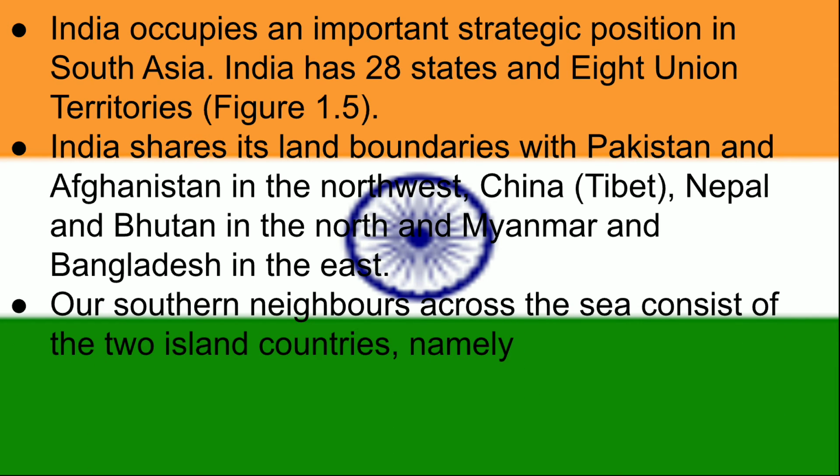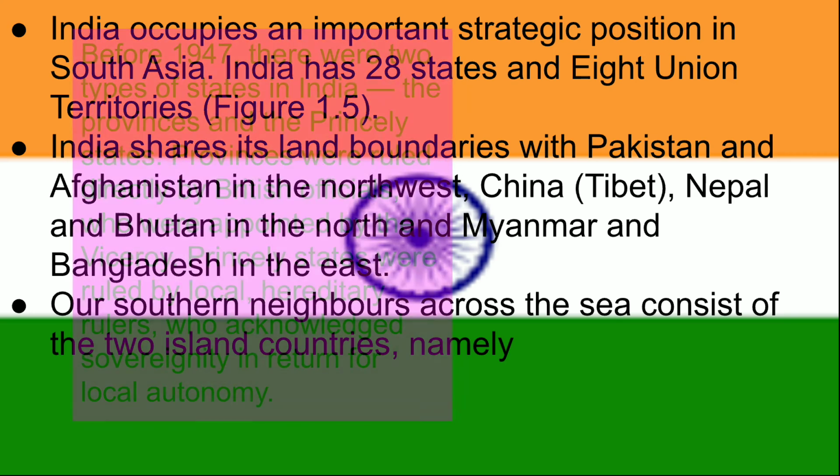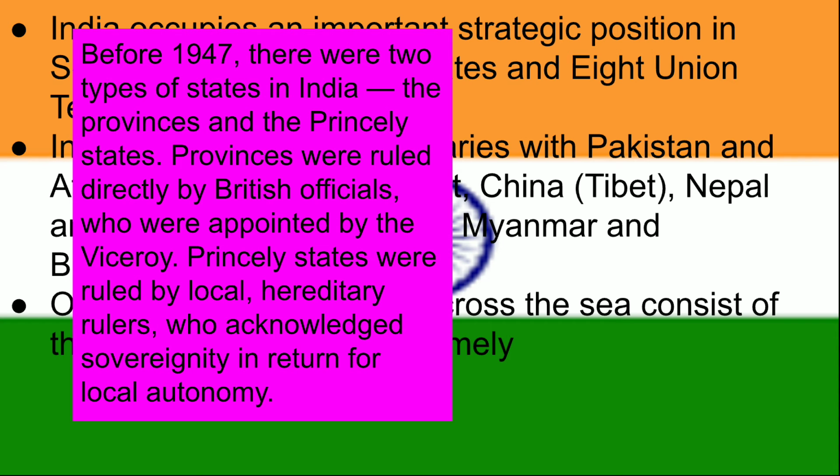Our southern neighbors across the sea consist of the two island countries, namely, Sri Lanka and Maldives. Before 1947, there were two types of states in India, the provinces and the princely states. Provinces were ruled directly by British officials who were appointed by the viceroy.